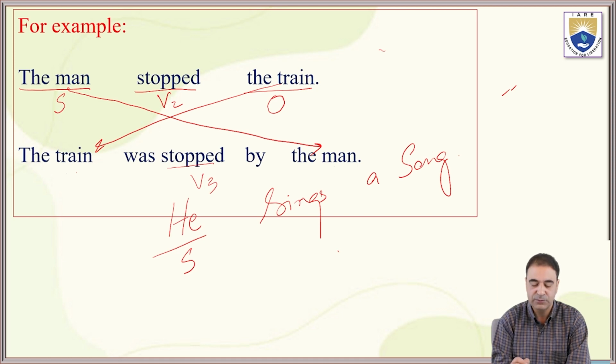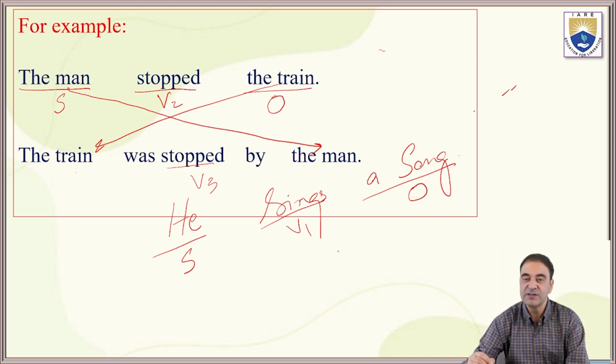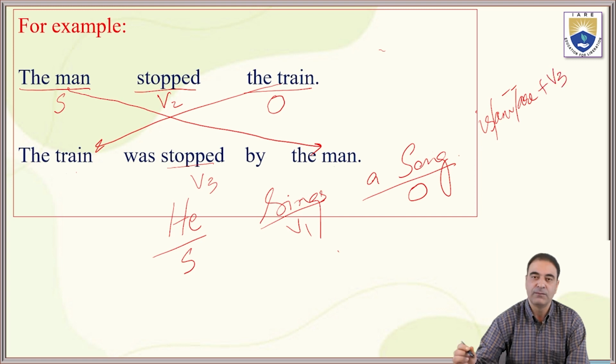Like here, it's a pronoun. He is the subject, then sings is verb in first form. A song is an object. Now this is simple present tense. How do we change simple present tense? Simple present tense will change into is, am, are, that means be forms of verb plus verb in third form.